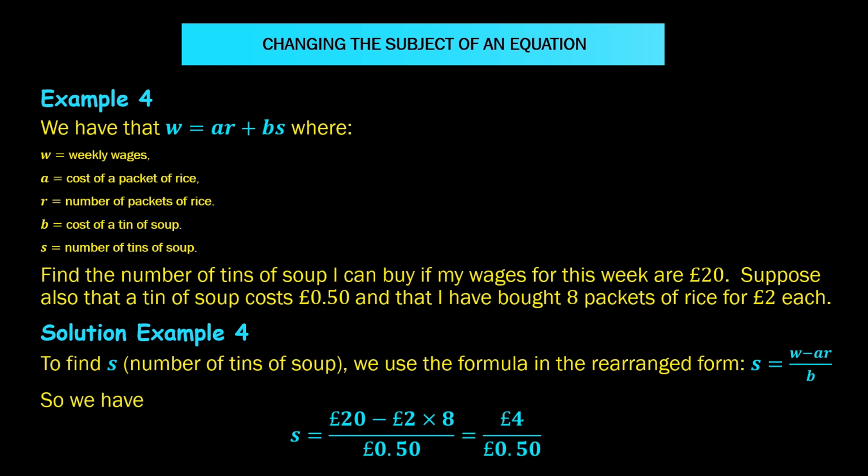Tidying up gives us £4 divided by £0.50, which is equal to 8.